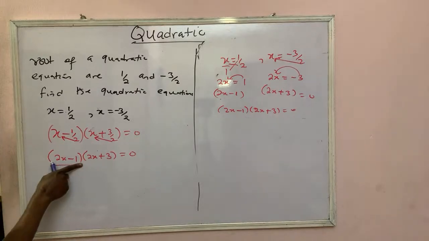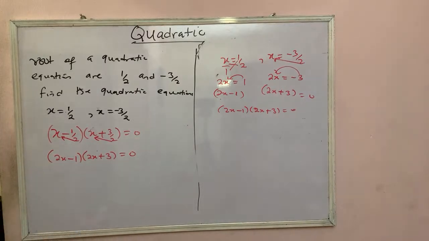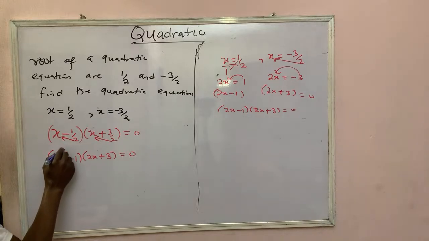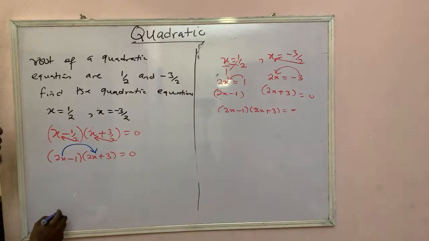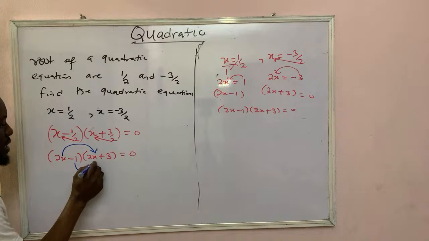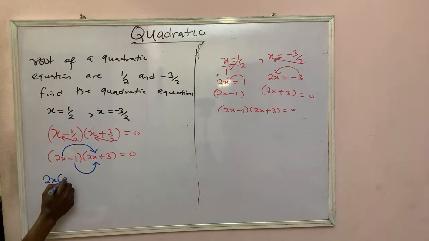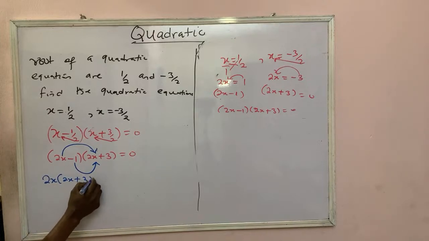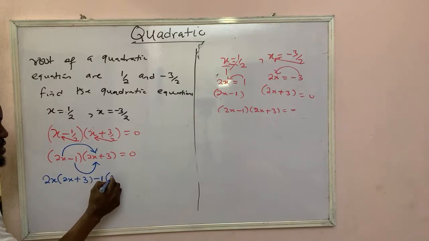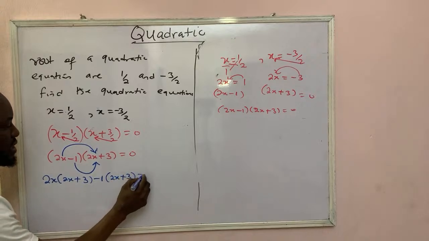So now the next thing, we want to open up the bracket. I'm going to say 2x multiplied by everything in the other bracket, minus 1 multiplied by everything in the other bracket. So I can do 2x bracket 2x plus 3, then minus 1 bracket 2x plus 3 equals 0.